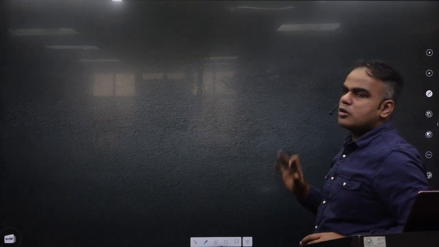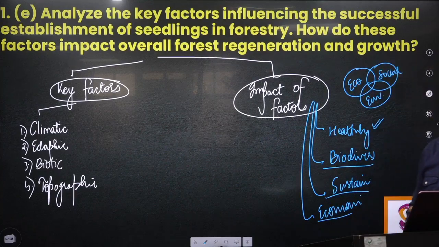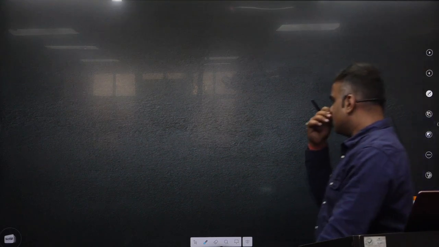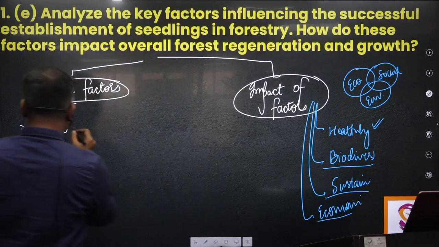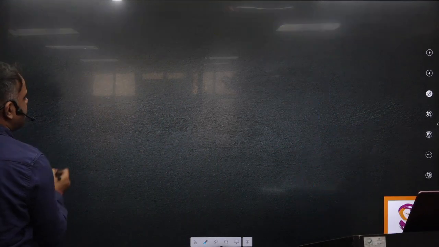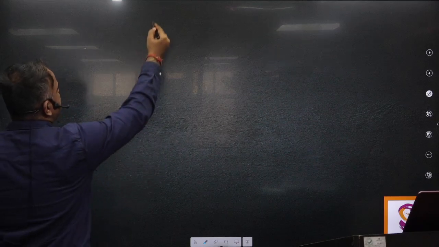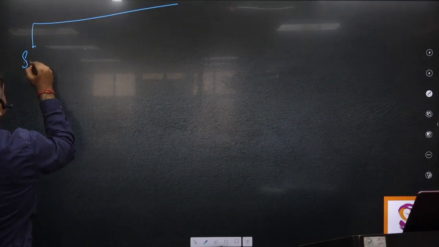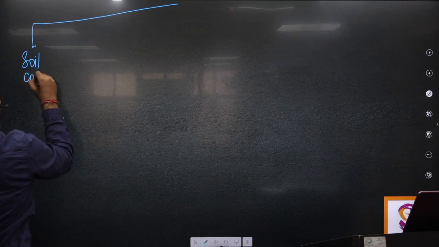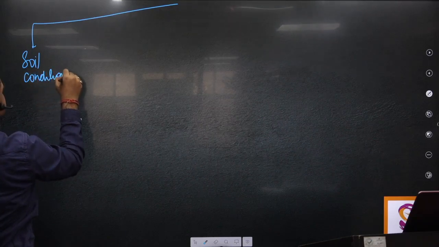However, we'll talk about now the first part, which talks about what are the key factors, okay, which play an important role in this particular part. Okay, either you can borrow from this climatic, edaphic, biotic, topographic, or you can write down one by one factors. So for example, how good are the soil conditions?